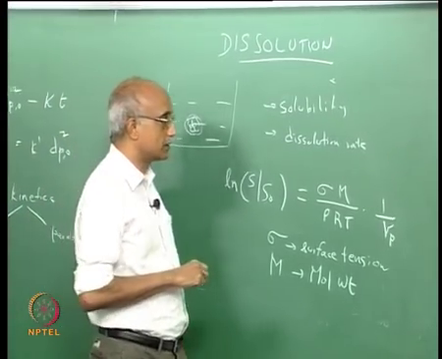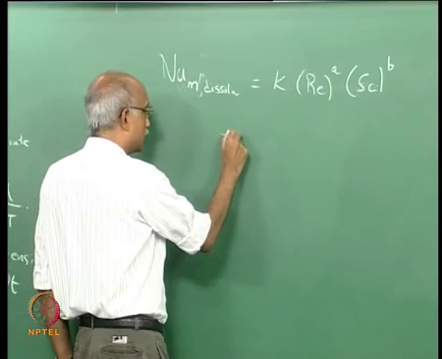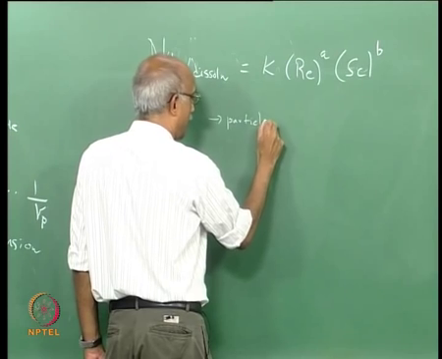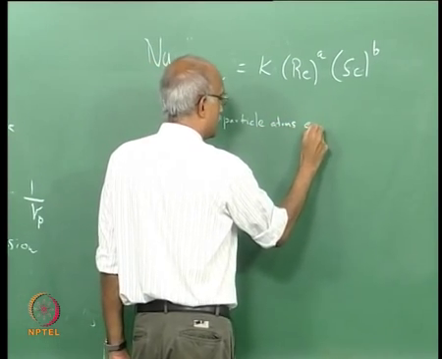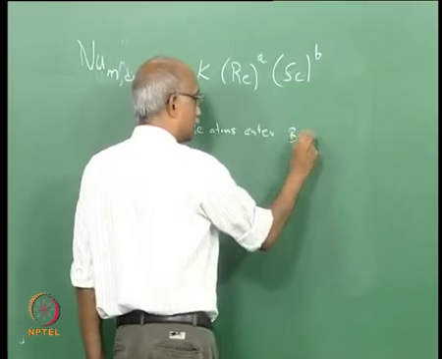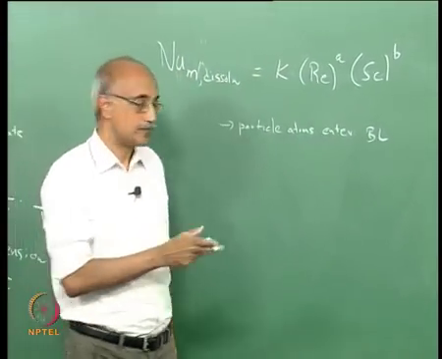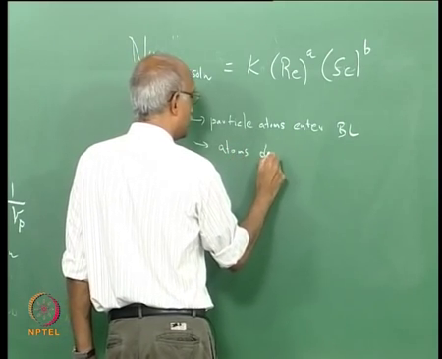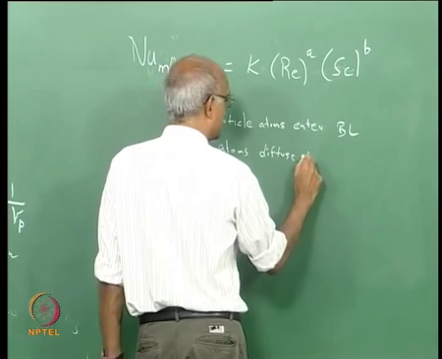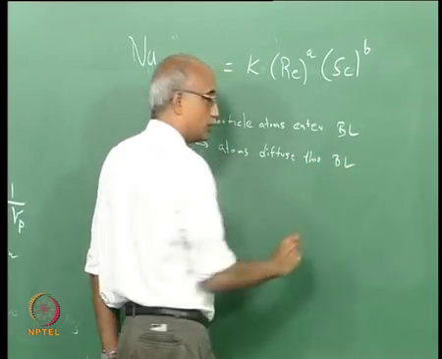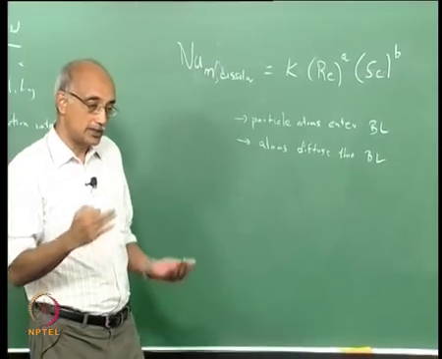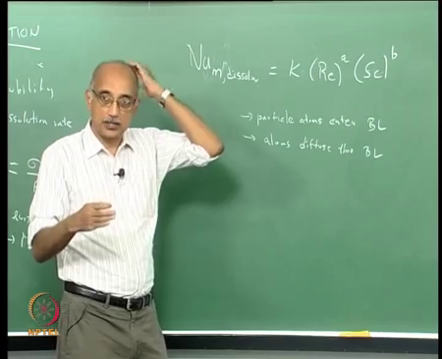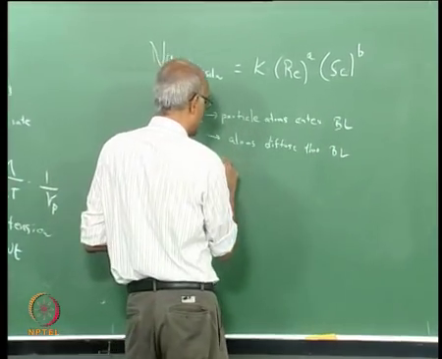So, the first step is that particle atoms enter the boundary layer that is surrounding the particle. The second step is that these atoms or molecules diffuse through the boundary layer to its outer edge, and then once they reach the outer edge, further transport of these atoms away from the solid can occur by convection.